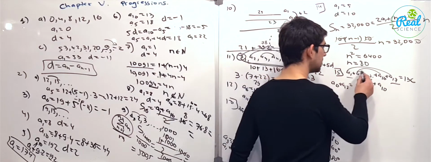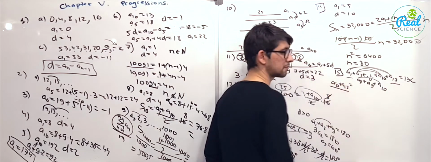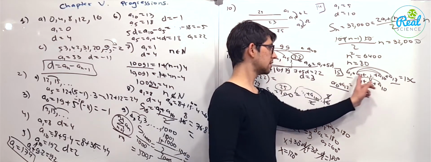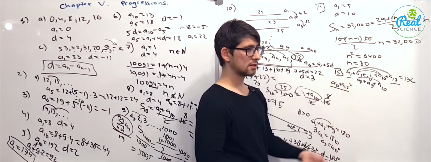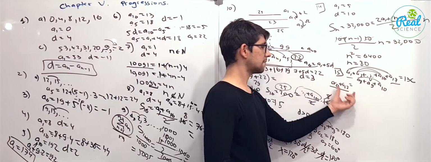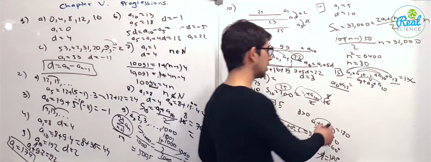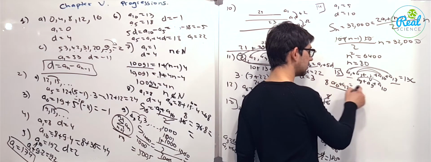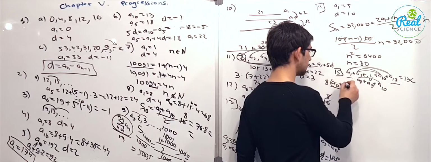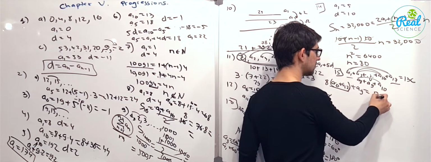So how many pairs of A6 and A12 do you have? Here, 17 and 1 equals this one, it means one pair. Next one, second and 16th, you have another pair. How many pairs do you have? 8 pairs, right? It means we have 8 pairs of it, and A9 plus A9 is equal to 136.